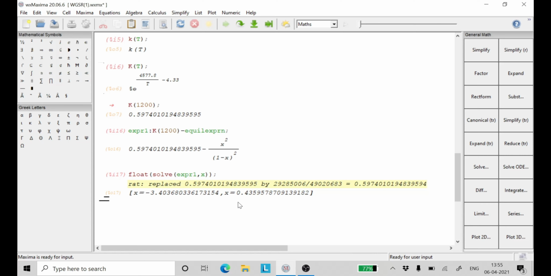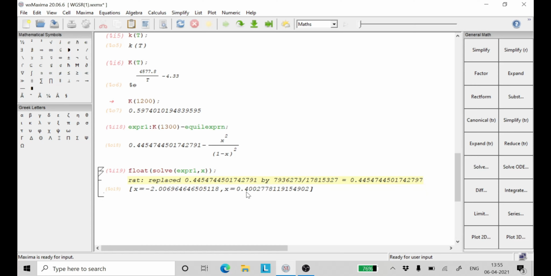As you can see, it has re-evaluated the cells below after the expression, and we have got the value of the conversion, which is 43.5. Now let's solve this for 1300, and there we are done. 0.400. So as we can see, from 48% we have come to 40%.